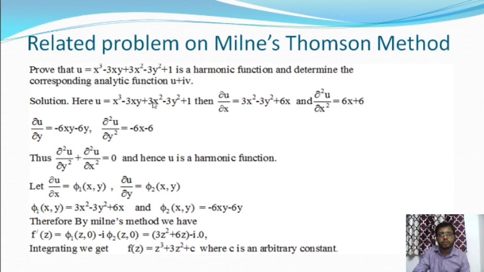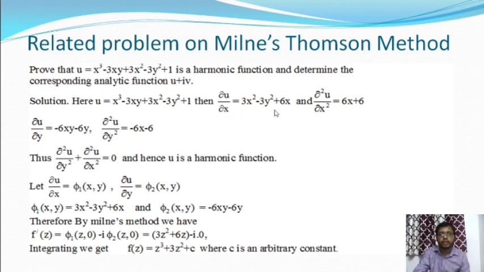So from this we are going to find the first order partial derivative with respect to x, and then the second order derivative with respect to x. The first order derivative with respect to x will be 3x square minus 3y plus 6x, where y is constant, so 3y square plus 1 is 0 with respect to x.